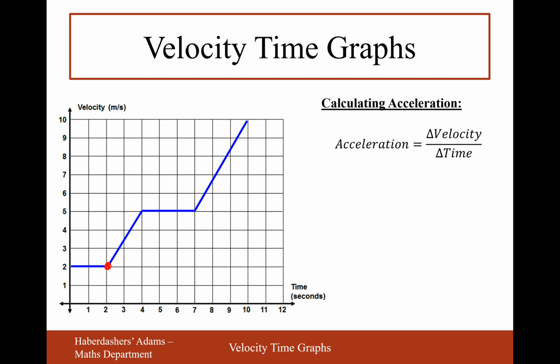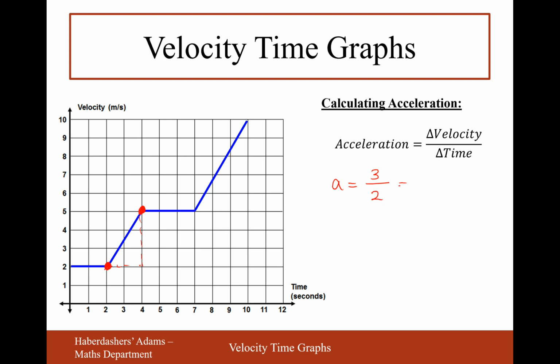In this section of the graph, we're going from 2 meters per second at time 2 seconds to this point here, which is 5 meters per second at 4 seconds. So we'll do a little gradient triangle and we'll calculate the acceleration here as the change in the velocity. That is the change from 2 up to 5, a change of 3, over the course of 2 seconds, from time 2 to time 4.